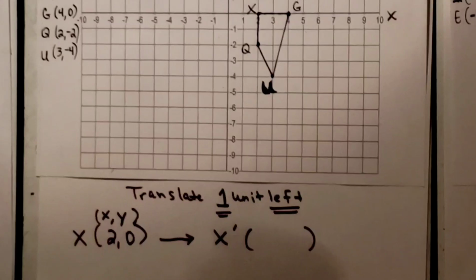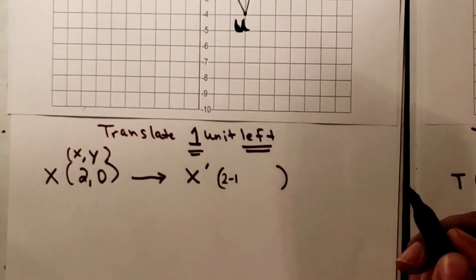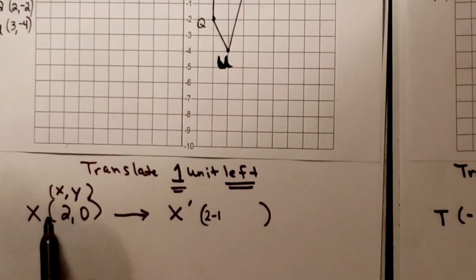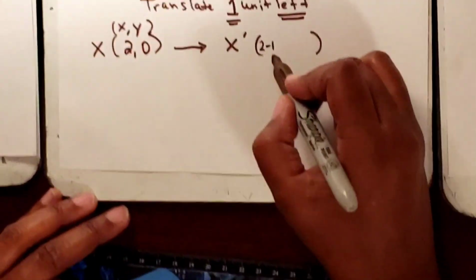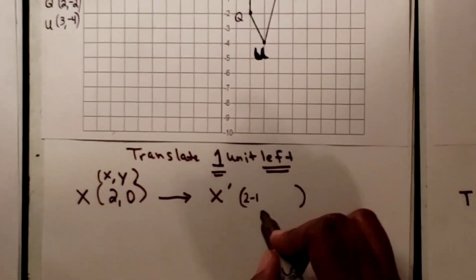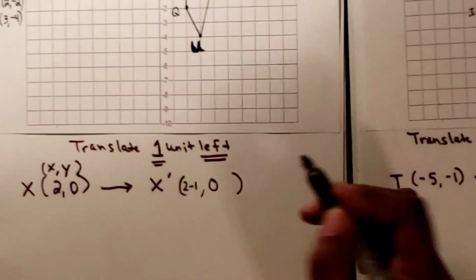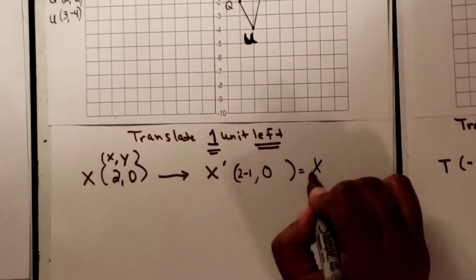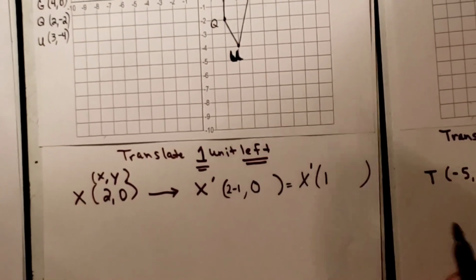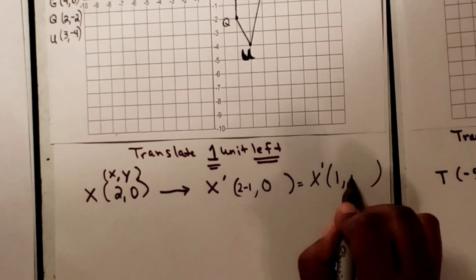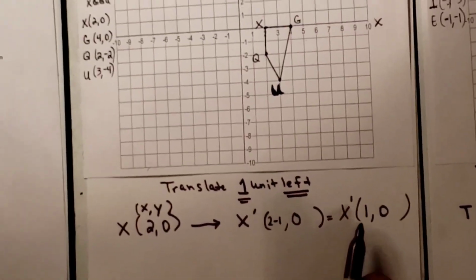So the first thing we're going to do is say 2 minus 1. Again, we're operating on the x coordinate because moving left is an action along the x-axis. And they don't tell us any other move to make, so that means the y stays the same, it's 0. So then x prime will just end up being 2 minus 1 is 1, and keep the 0. So when I get ready to graph it in a second, I will graph 1, 0.